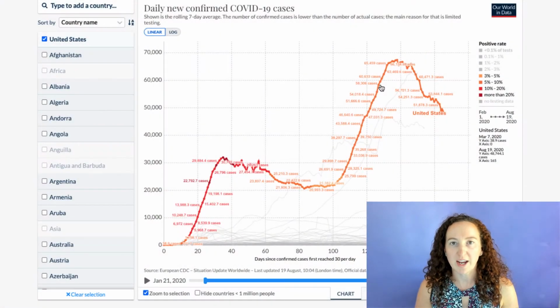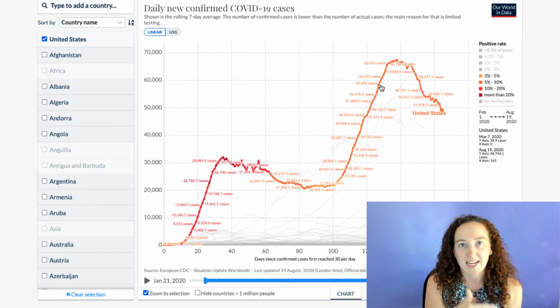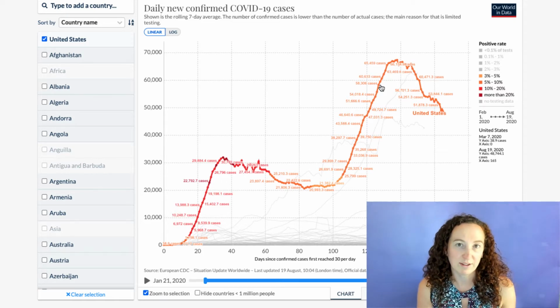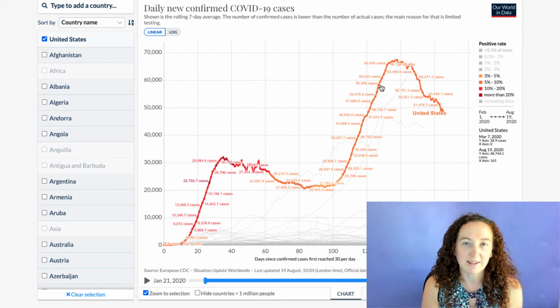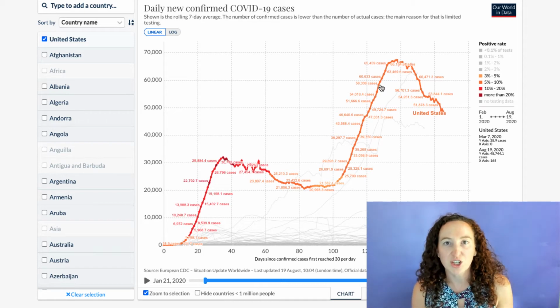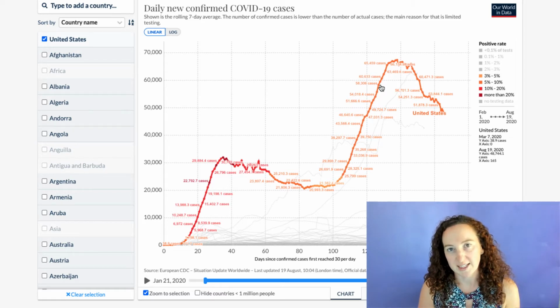We could use the data from the 16th, 17th, 18th, 19th, and make an estimate for the 20th. And if we wanted to write that using the formal limit notation, we could write, what is the limit as x goes to August 20th, 2020, of the number of COVID cases?